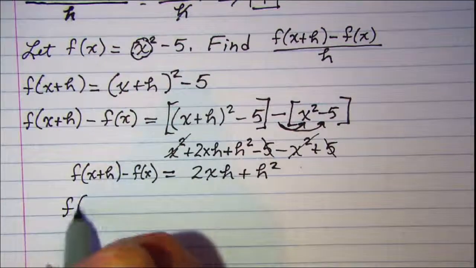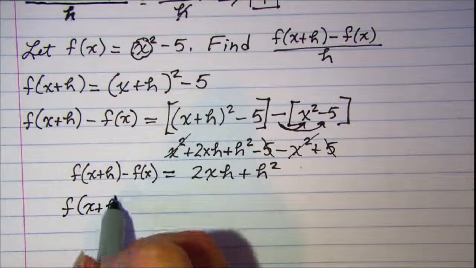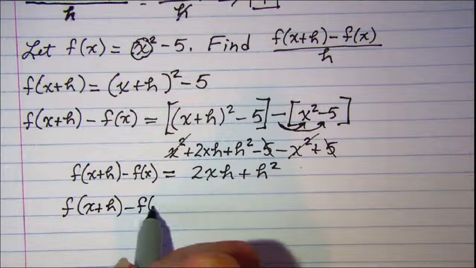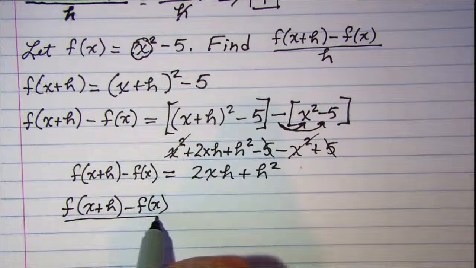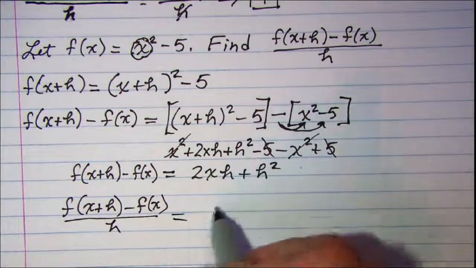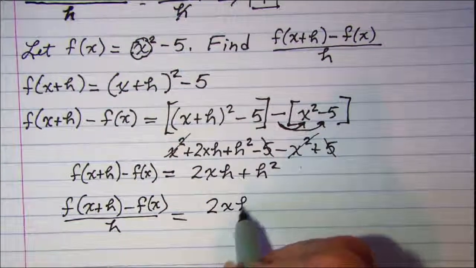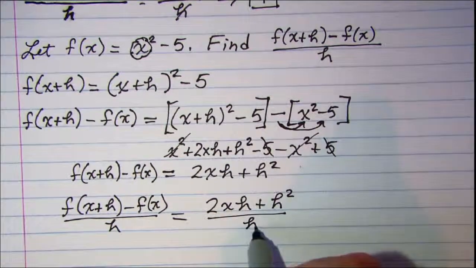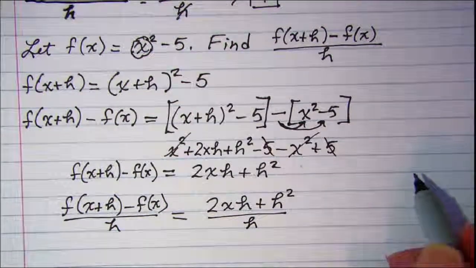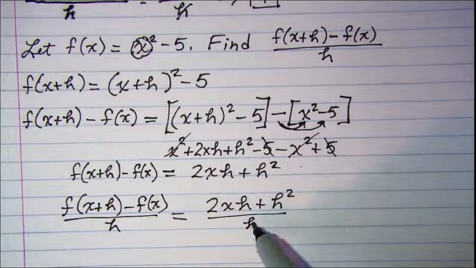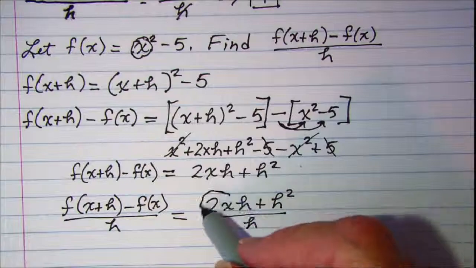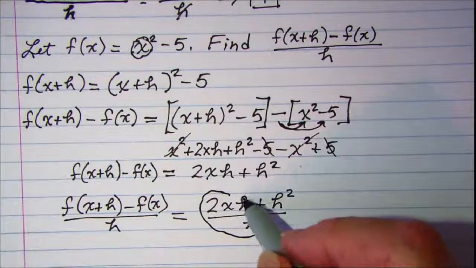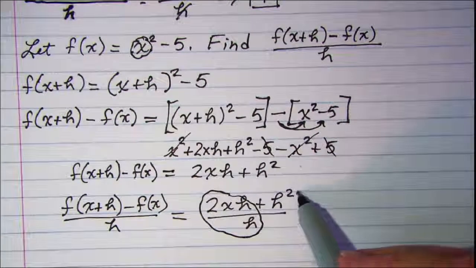So f of x plus h minus f of x divided by h will be 2xh plus h squared divided by h. Now we can separate this into two fractions, or we can factor out an h out of the numerator.